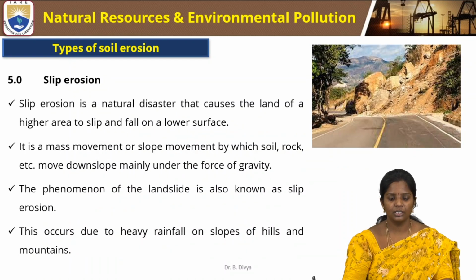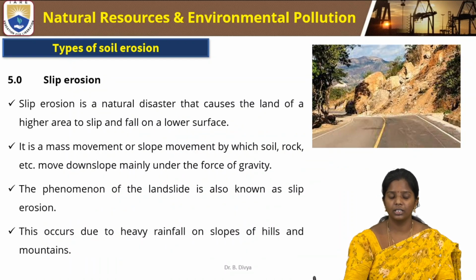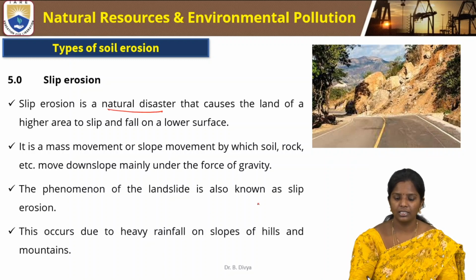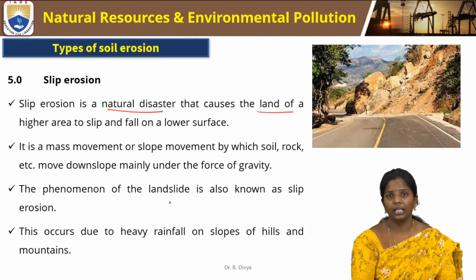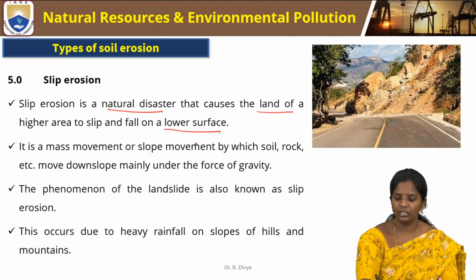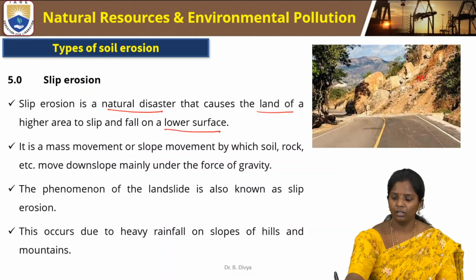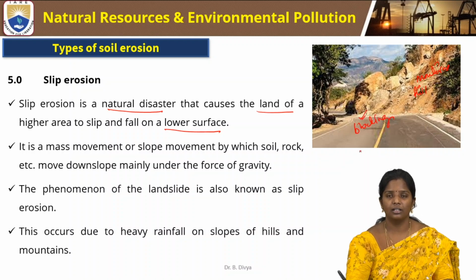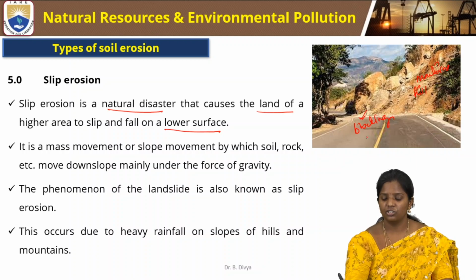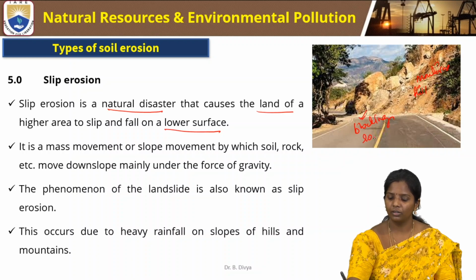Then slip erosion generally happens in the mountains, a natural disaster that causes land from a higher altitude to slip and fall onto a lower surface. If this is a mountain or hill, there is a possibility of it falling down and blocking the road, which comes under natural disaster.